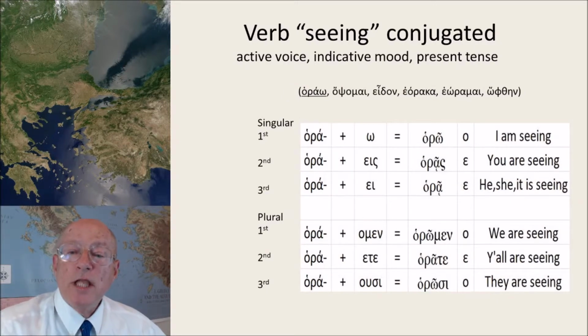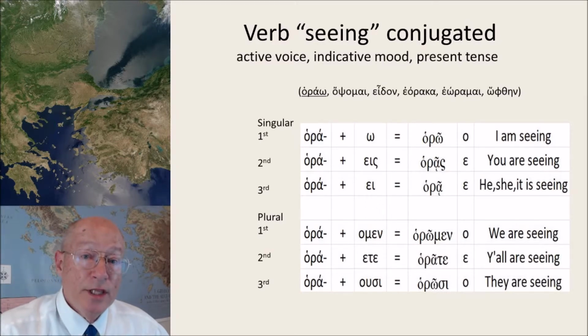Now, this slide shows the contraction happening. So you have in the first person singular, for example, hora, and you want to add to that the ending, the omega, and all the endings are again o, eis, ei, omen, ete, ousi for the singular and the plural, first, second, and third persons. And so you can see here that the hora plus the omega becomes horo, I am seeing. And in the second person singular, hora plus eis becomes horas.